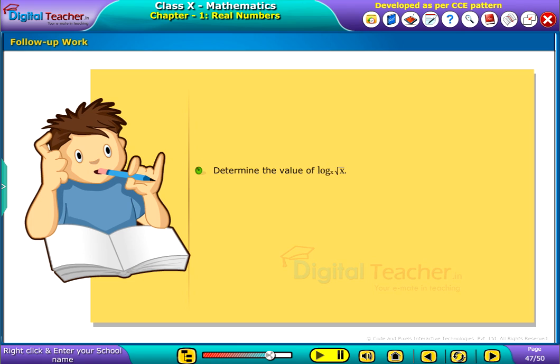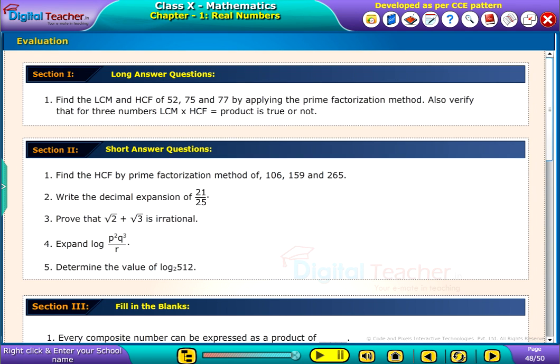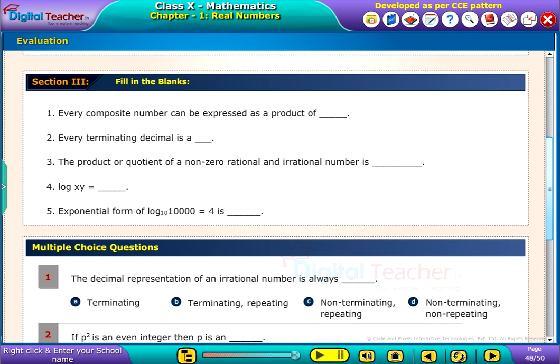Determine the value of log root x to the base x. Write 27 to the power 2 by 3 is equal to 9 in logarithmic form. Write log 8 to the base 4 is equal to x in exponential form. Test your understanding of the chapter by taking the mock unit test.